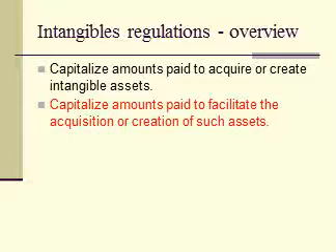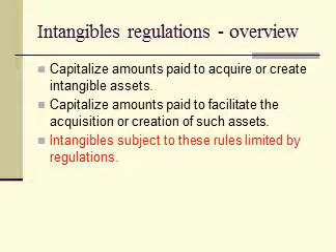In addition, a taxpayer must capitalize amounts paid to facilitate the acquisition or creation of such assets. The intangibles to which they refer are specifically identified by the regulations and do not include all of what we might consider intangibles.